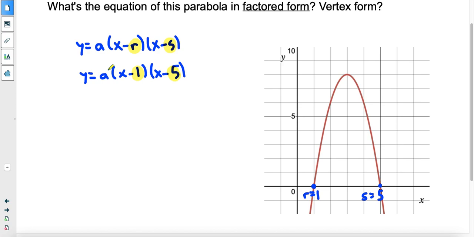It's similar to finding the equation of a line if you're given the slope and a point on the line, then you need to solve for b. It's the same thing here. I'm going to plug in a point to solve for a. So let's find a point on this parabola.